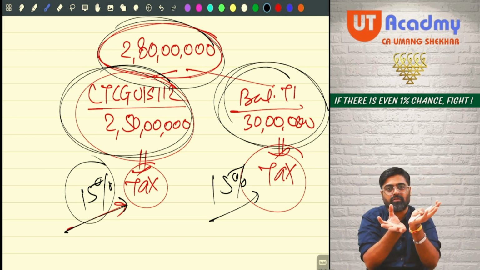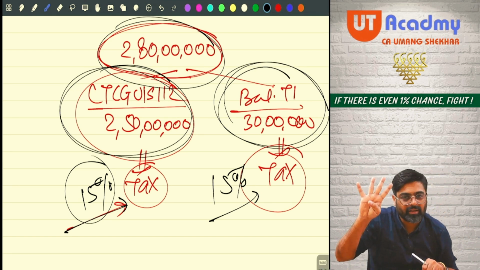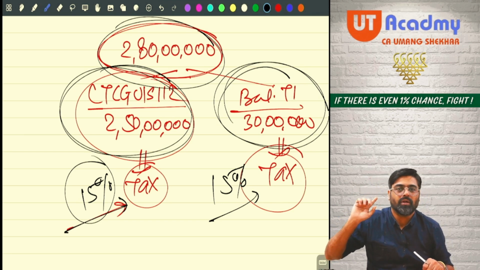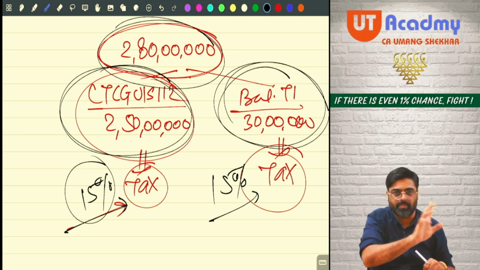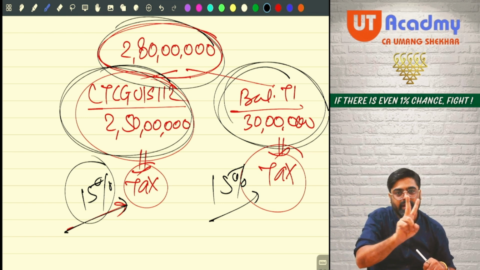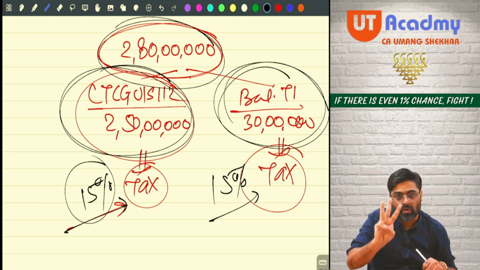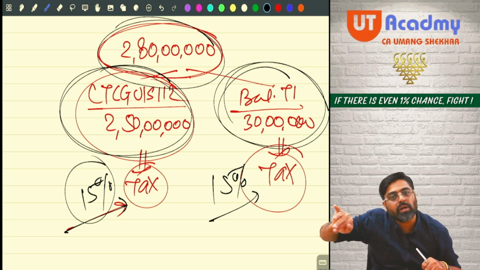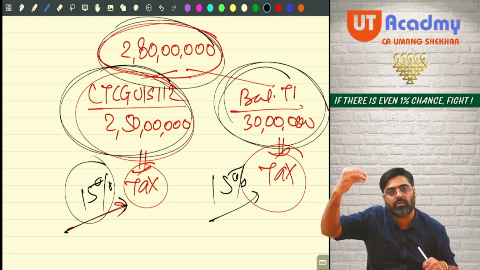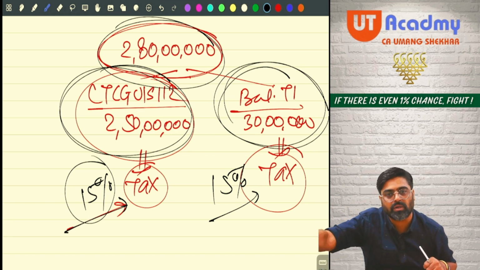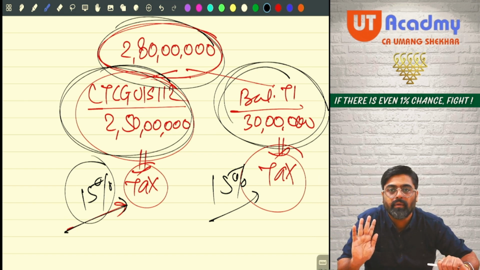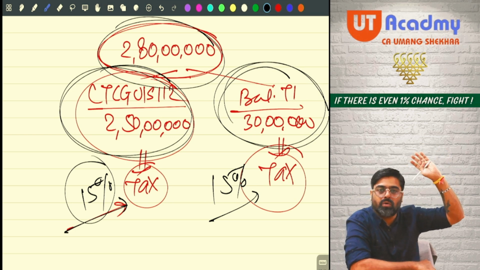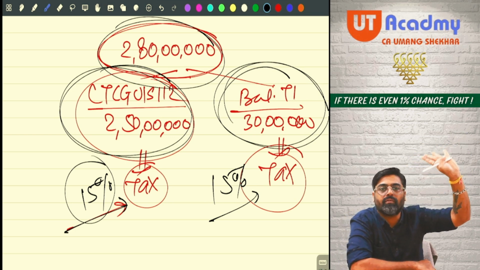From your total tax, there are 4 taxes you are supposed to separate: tax on your short-term gain 111A, tax on your long-term gain 112A, tax on your long-term gain 112, and tax on your dividend income. On these four taxes, the higher rates of surcharge, 25% and 37%, are not applicable, even if your total income is more than 2 crores or 5 crores.